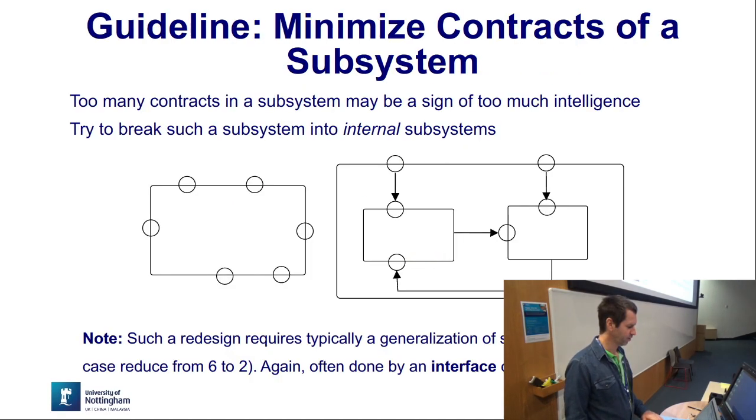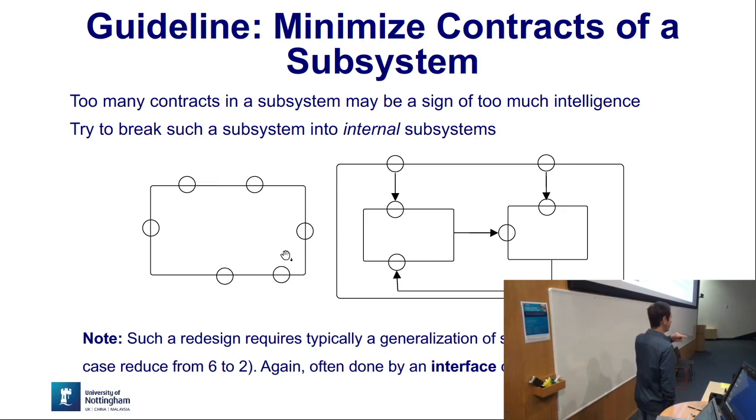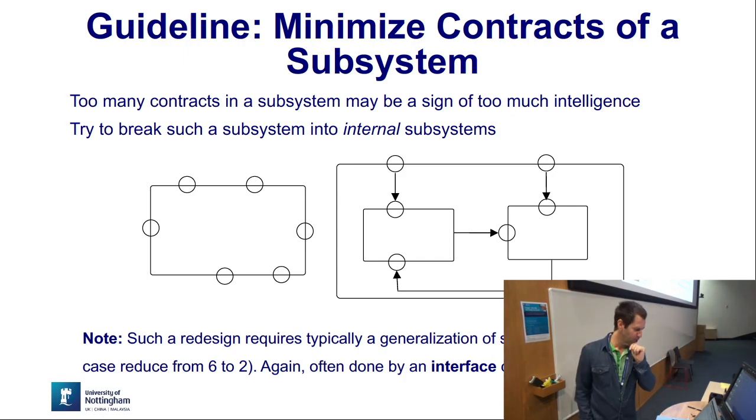Minimize the contracts of a subsystem. Here we have an abstract subsystem, right, represented by this rectangle, and it has 6 contracts, or 6 messages that pass through to the subsystem to fulfill the subsystem responsibilities. We could try to subdivide a subsystem into internal subsystems. So now we have these 2 internal subsystems that collaborate, right, here and here.